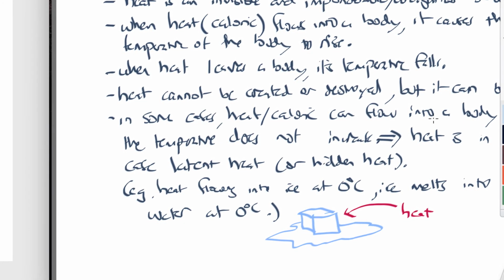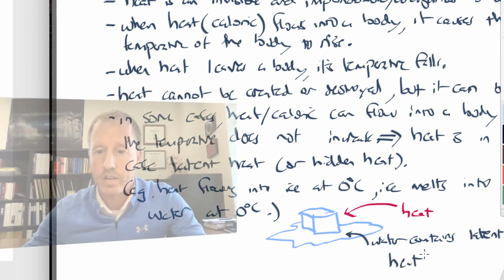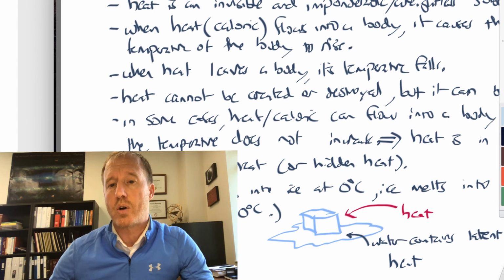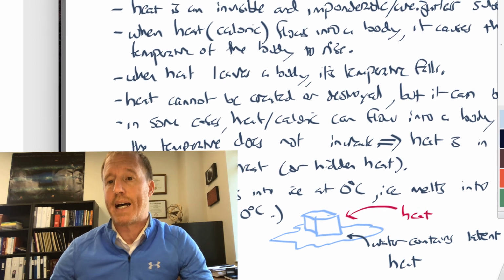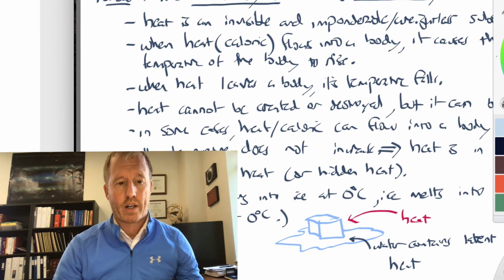So what is said to be the case, according to the caloric theory of heat, is that the water contains latent or hidden heat. And of course, when that water turns back into ice, it gives up that latent or hidden heat. That is the caloric theory of heat.